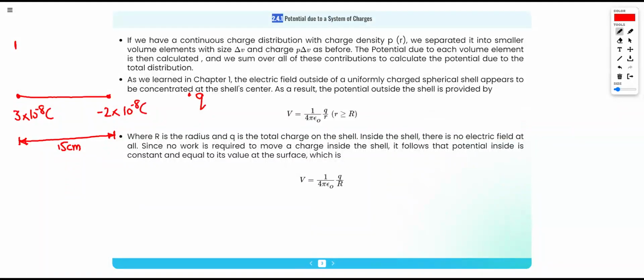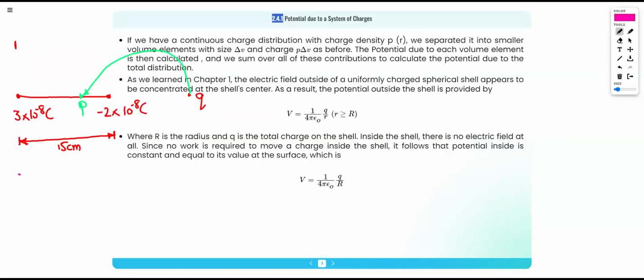So potential is 0. Let's consider that our villain is somewhere here at point P. Here the potential is 0.